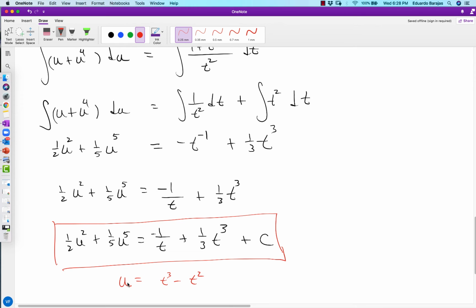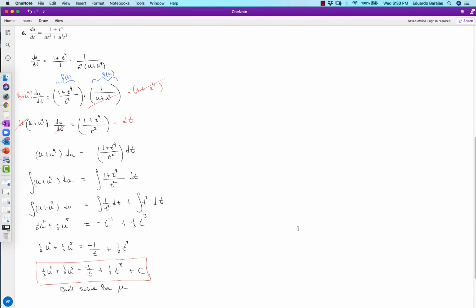But that's not always the case, and this is one of those situations where you really can't solve for u. There's no real good way to move forward. Can't solve for u, and for that matter, you can't solve for t either. So you're kind of stuck this way. Okay, so that's as good as it gets for this one. Let's try another one.